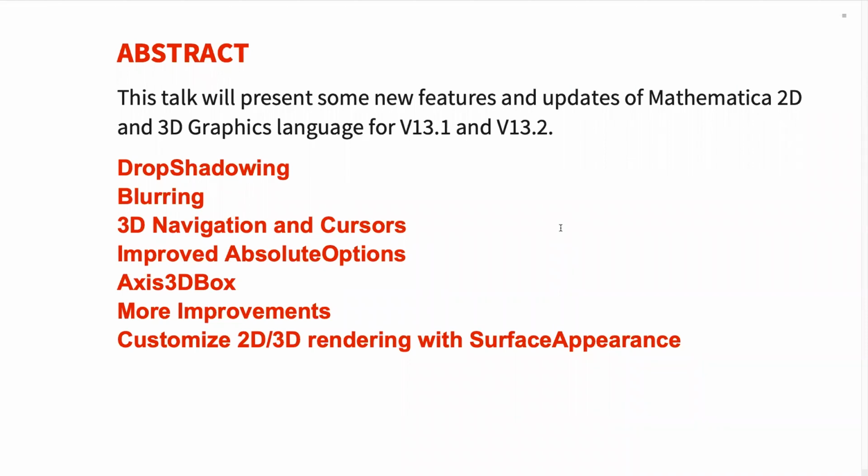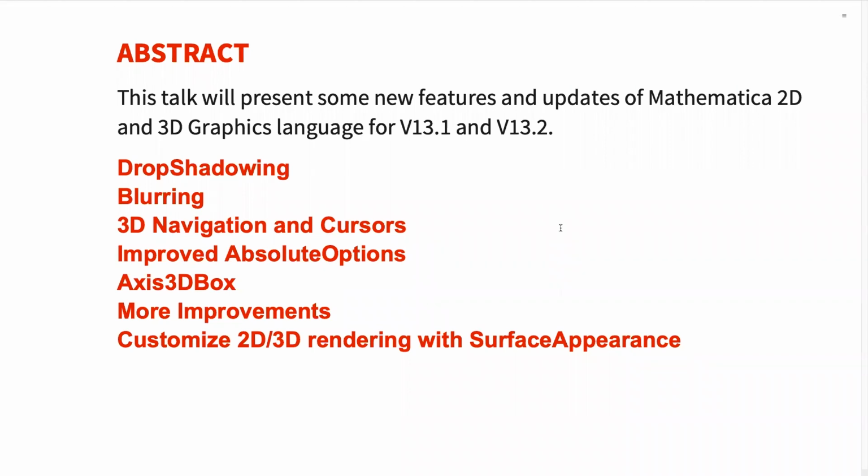We had so many complaints about the absolute option not resolving the automatic and those symbolic values, and we implemented it for graphics. So now it just works for almost all the options for graphics and graphics 3D.